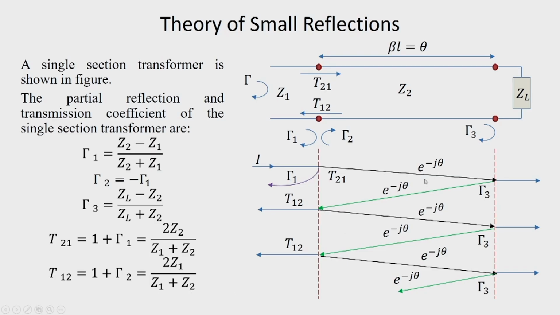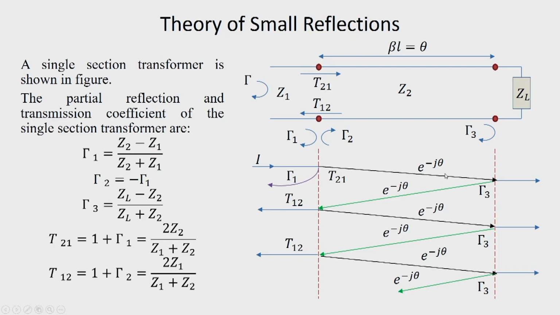Now, let us consider, suppose a wave of unity magnitude is incident here. Then as it first reaches this interface, we will have gamma 1 as the reflected wave and T21 is the transmitted one.